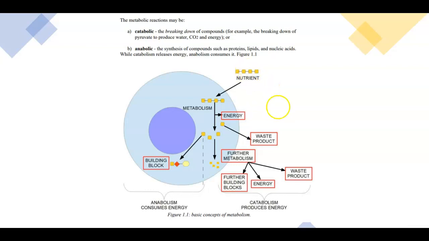In this picture, a nutrient is coming in and being taken into the cell, and in being taken in, we extract some useful materials and some energy from it. Some of those materials may end up as building blocks of some anabolic pathway, and when we're looking at the breakdown, we're looking at catabolic types of reactions.